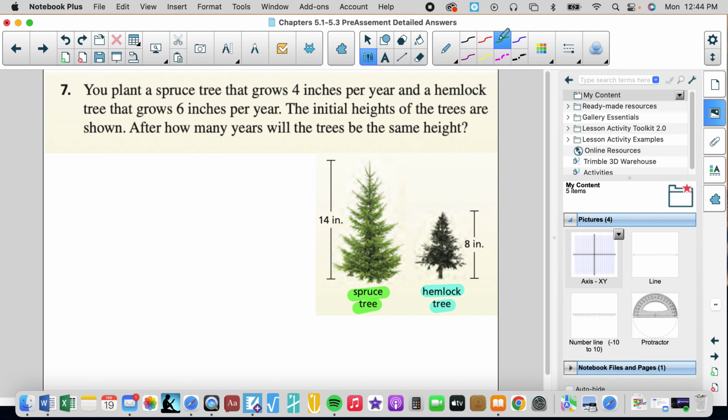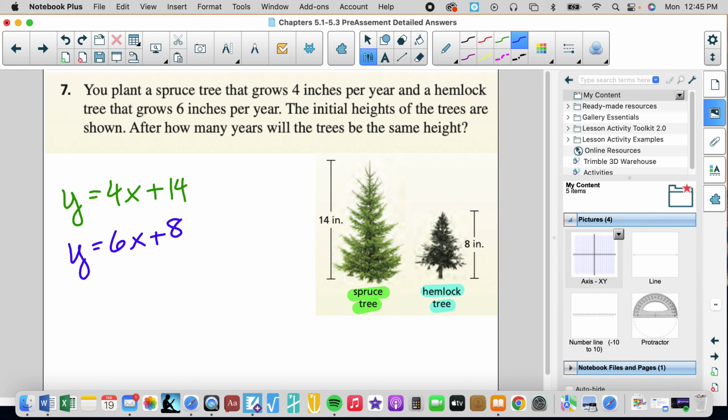So green is going to be y equals, spruce is growing at 4 inches per year, and it started at, inches, making sure the units are correct. And then the hemlock, we're going to write in blue. Hemlock is going to be y, and it grows at 6 inches per year, and that starting is 8. That's that intercept.